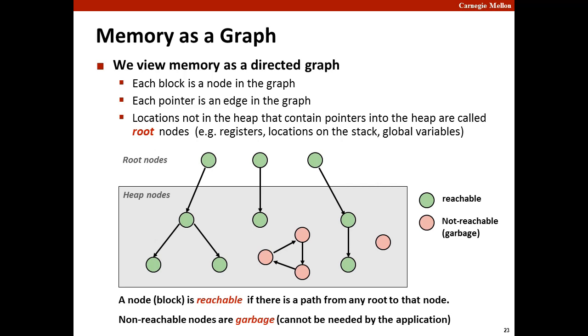Think about a linked list. There's a pointer to the head of the list, right? That's how I identify the head of the list. Once I get to the head of the list, I can find the next node, and the next node, and so on all the way to the tail, right? So as long as I have the head pointer, everything else is fine.